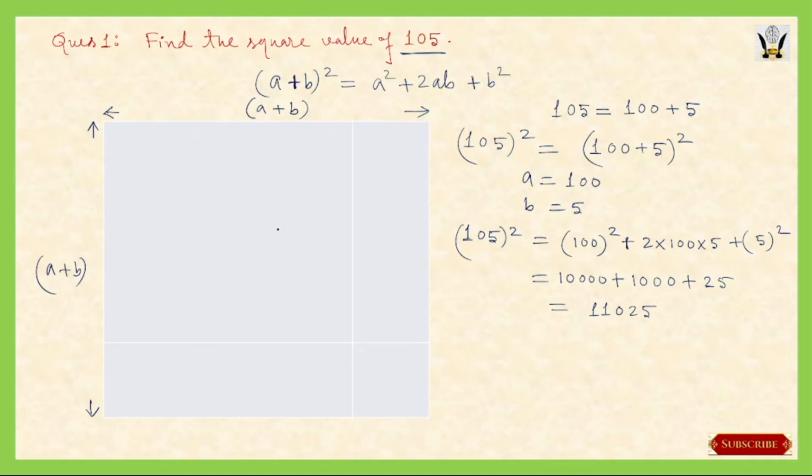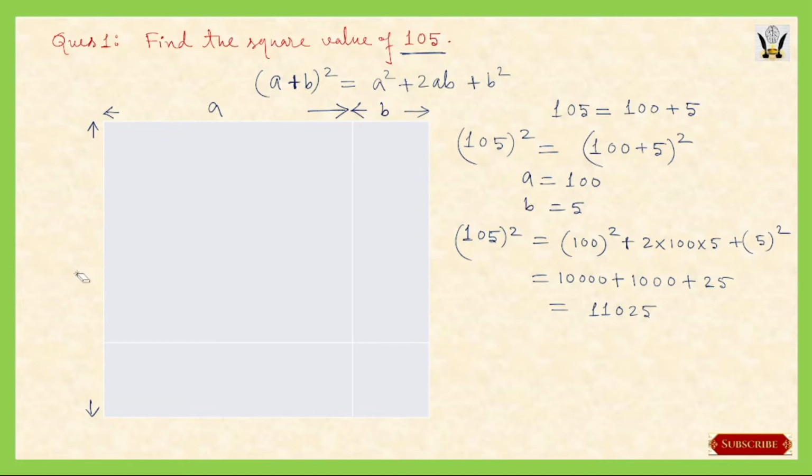Now, in the next step, we split this square such that from the starting point to this point it will be a, and then from this point to the end point it will be b. Basically the a plus b we are splitting into two parts. Here this much is the measurement of a, and this much is b. We just want to visualize.